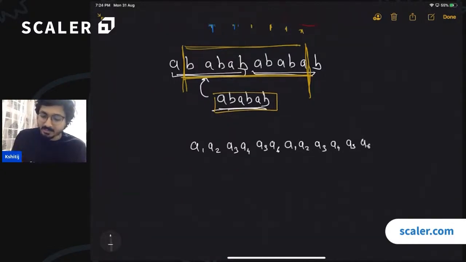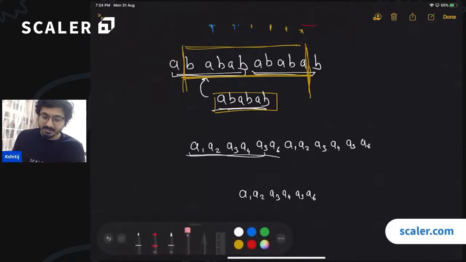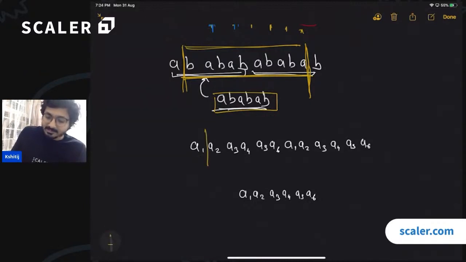Now try to find the occurrence of the original string, A1 through A6. If I directly search it, I will definitely find it here, because this is the exact same string. So I will have to make sure that I'm not searching in the original string, so I will search in this box.